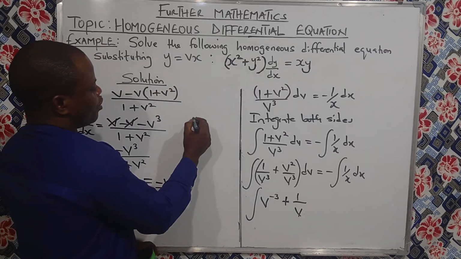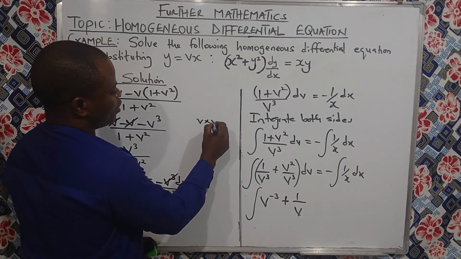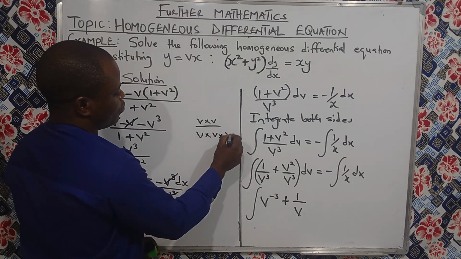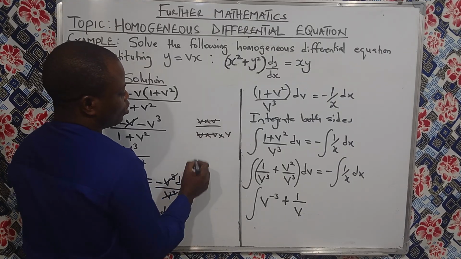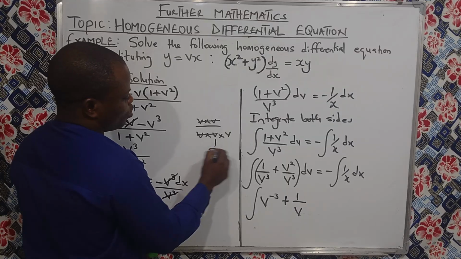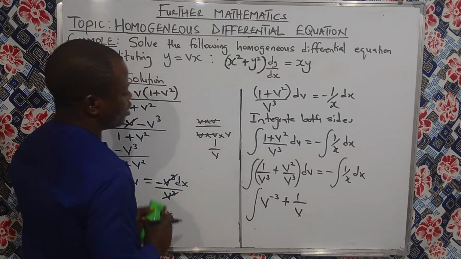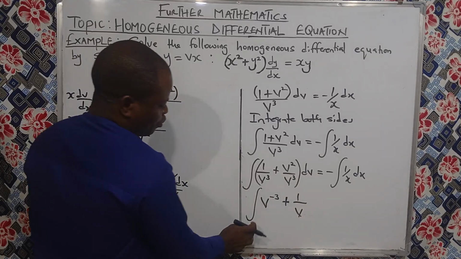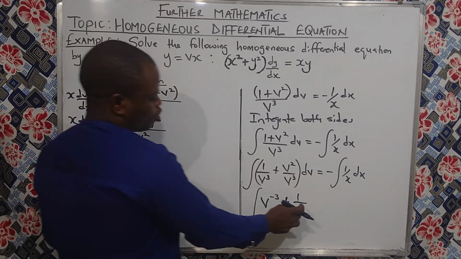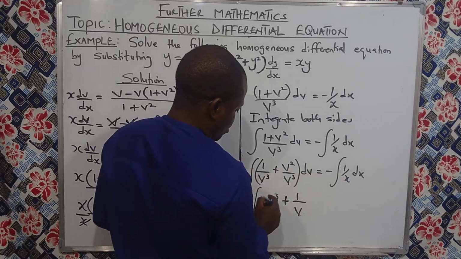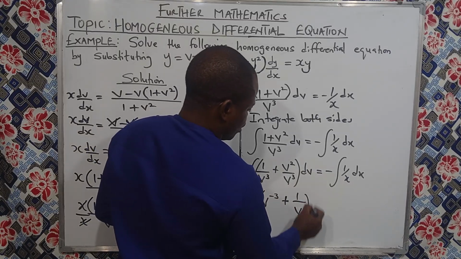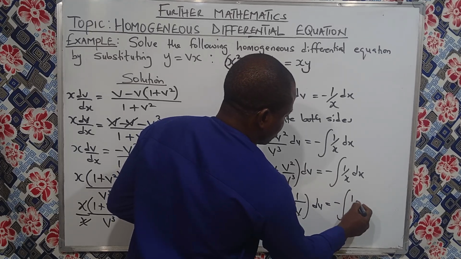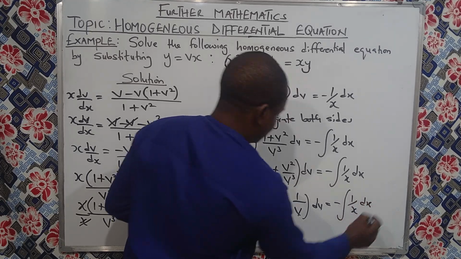It's like when you're having v squared means v times v, and v cubed means v times v times v. 2 of the v cancel 2 of this v. You are left with 1 over v. That's why we got 1 over v here. The integral will now be integral of v raised power minus 3 plus 1 over v dv equals minus integral of 1 over x dx.